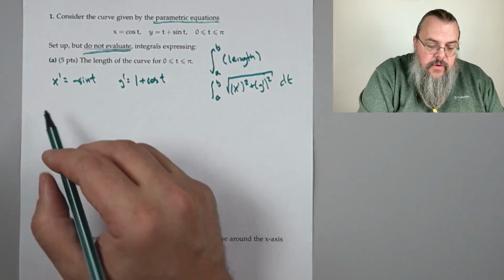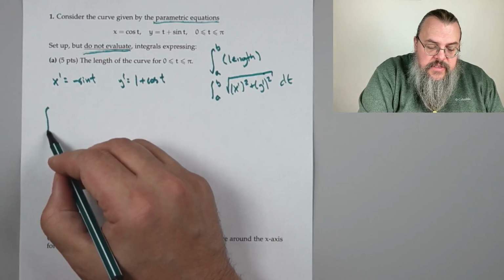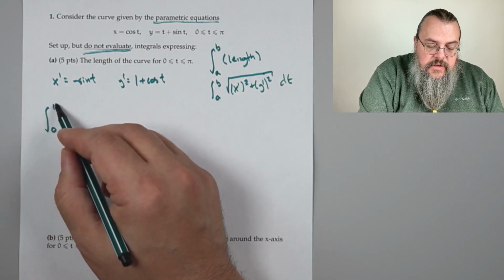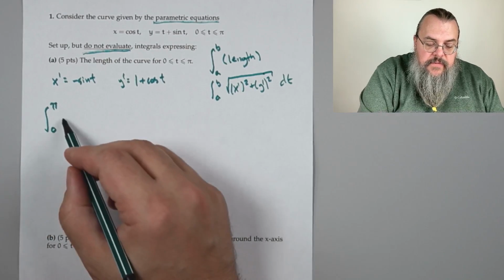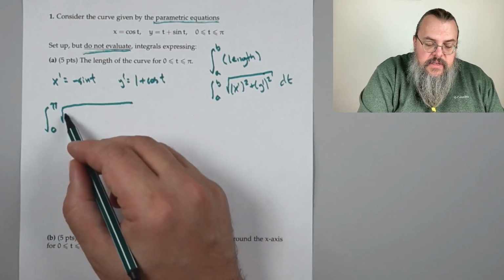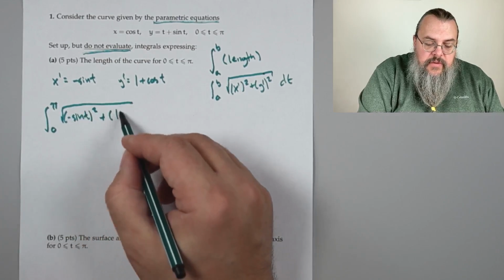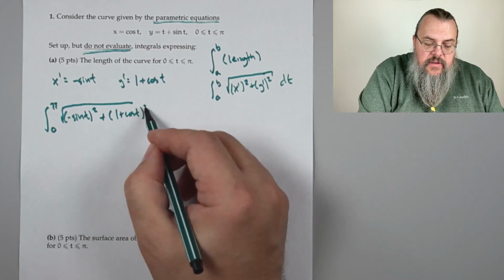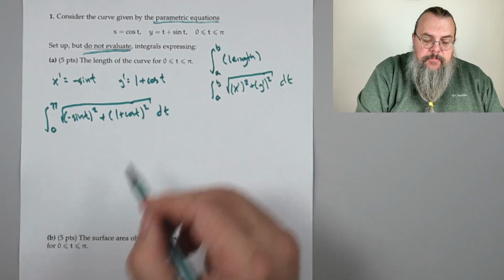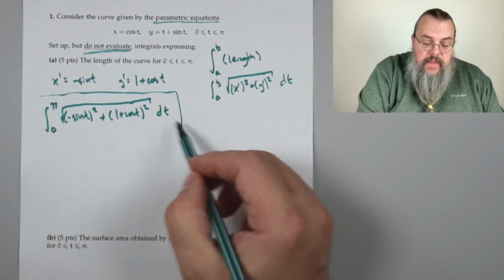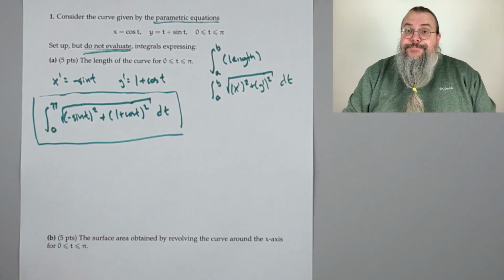And so we can say our answer is the integral from 0 to pi of the square root of (minus sine t) squared plus (1 plus cosine t) squared dt. And that's a valid answer.